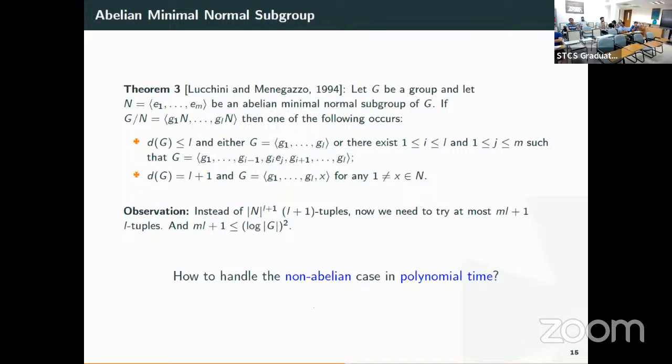So here you are saying, even if the minimal normal subgroup is abelian, you don't mean to consider all abelian normal subgroups and out of them take the minimal one, right? You are saying if the minimal normal subgroup is abelian, then this happens. Yes, if the minimal normal subgroup is abelian, then we can do this.